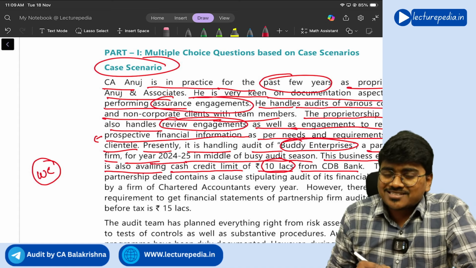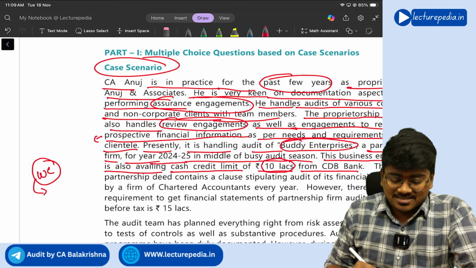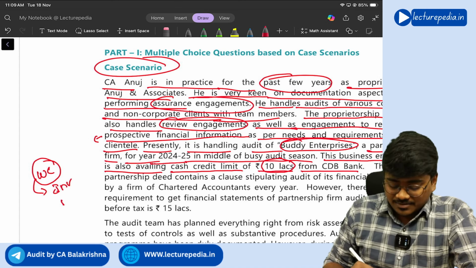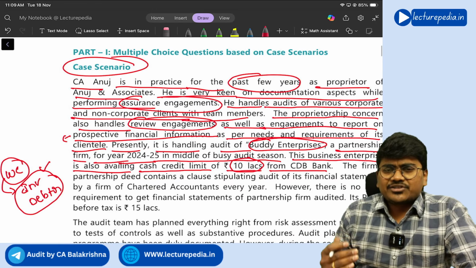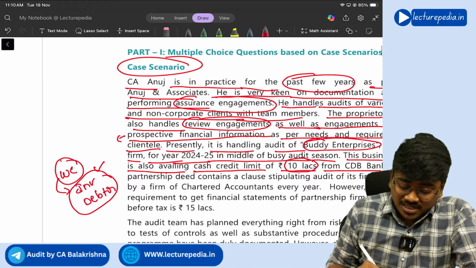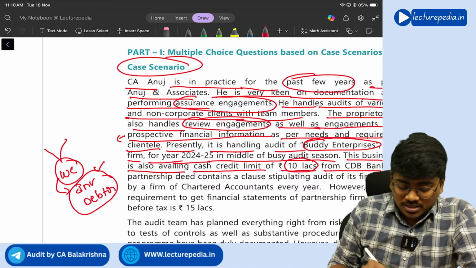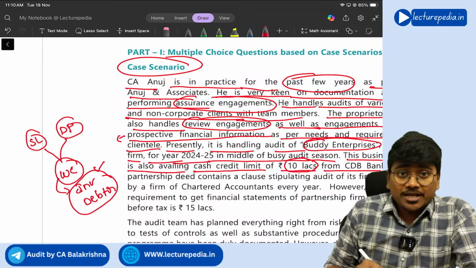So what will be the security for the working capital loan? Of course it will be current assets like inventory, debtors. On the security of these things, the cash credit will be given. Cash credit is one type of working capital loan. So in case of working capital loan there will be two concepts: sanctioned limit and drawing power.